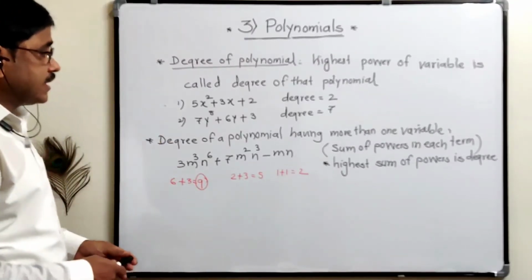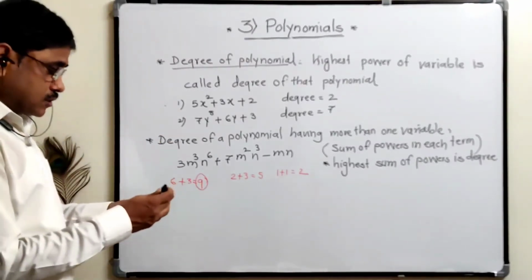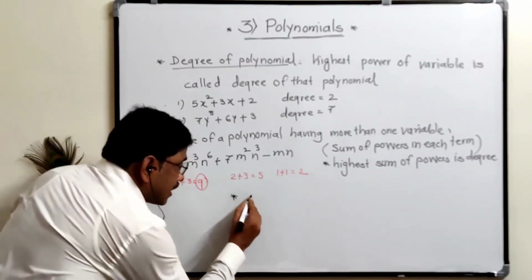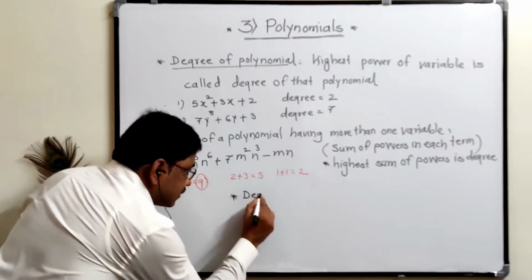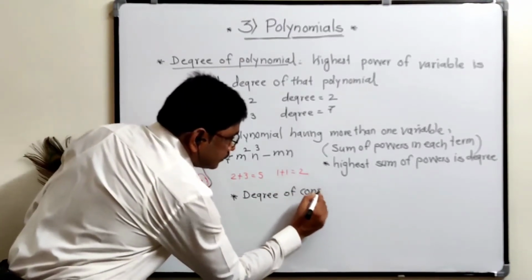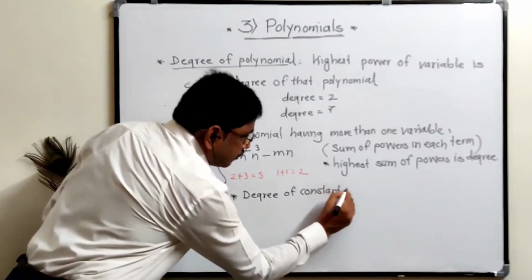Now, what is the degree of zero polynomial and constant polynomial? So next point, the degree of constant polynomial is 0, always.